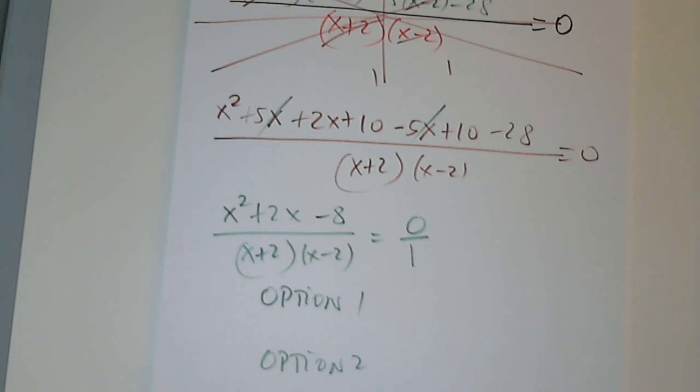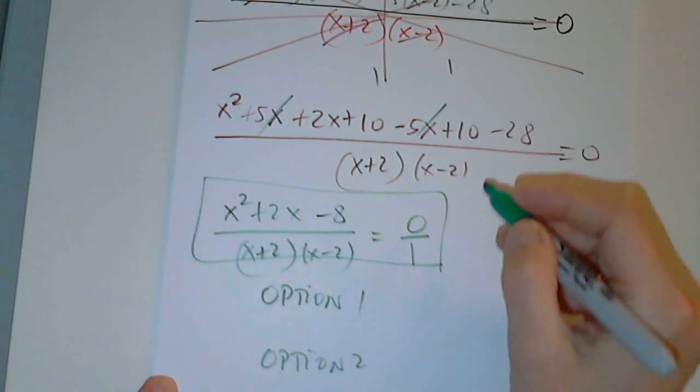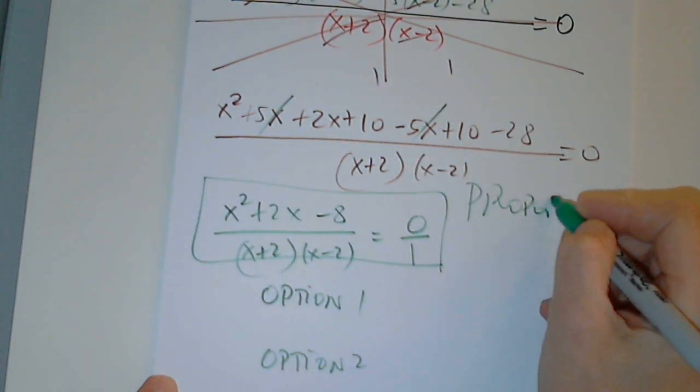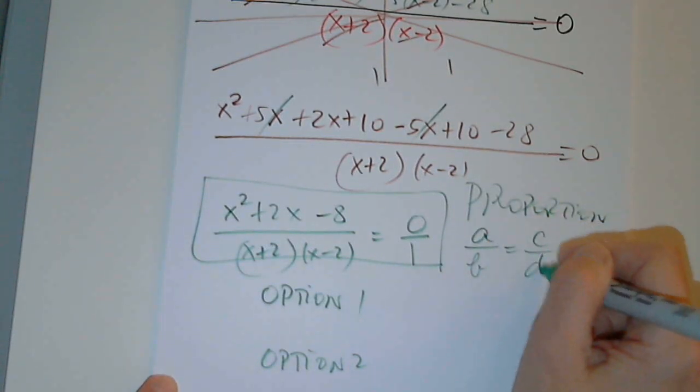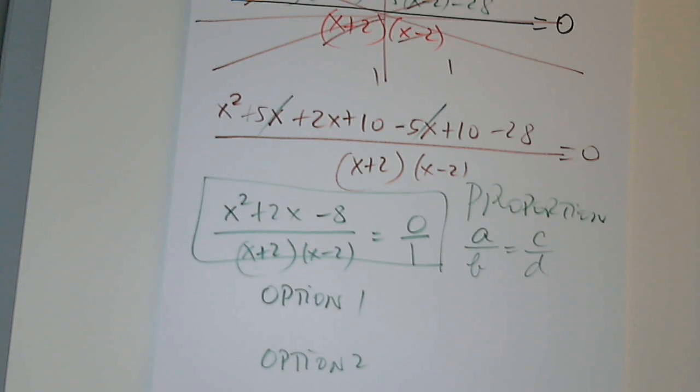That's option 1. Option 2 is to identify that this is a proportion. This times this must equal this times this. Then you write the same thing. You still write that the top is 0. So this right now here is a proportion. And only in a proportion, what is a proportion? A fraction on the left, the equal symbol, and a fraction on the right. This is it.